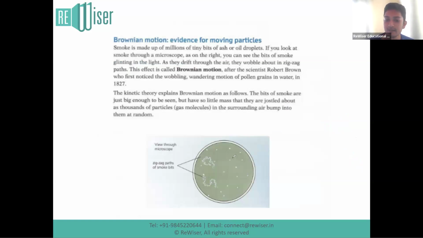Brownian motion is the random or zigzag movement of molecules, which is brought forth by weaker intermolecular forces, and the absence of strong bonds or lattice structures thereof.